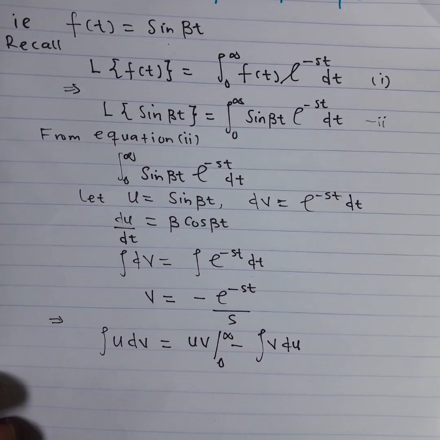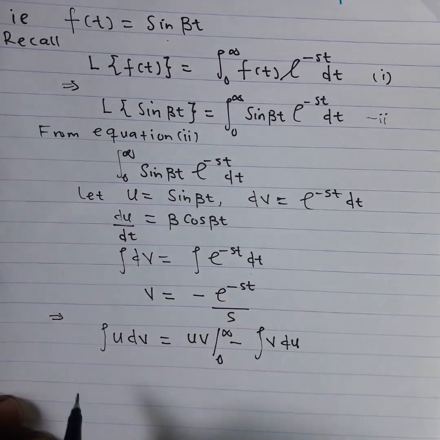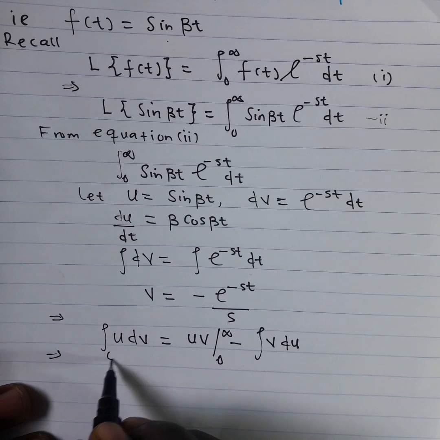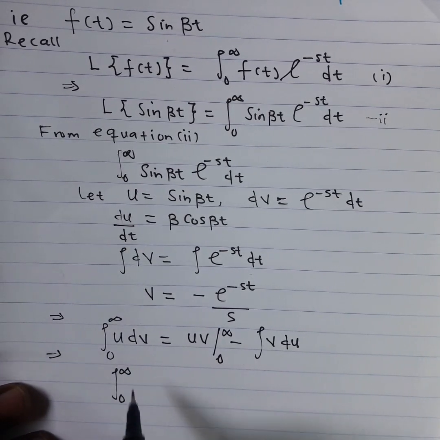So now from here, we have our u equal to sine beta t. Therefore, we are going to have the integral from 0 to positive infinity.